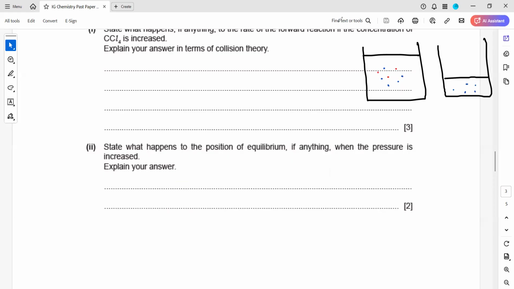The product, because the product molecules are more. So as the chance of collision of the product has increased, as a result, the reactant will form more. Because more particles of the product are there and you compress both reactant and product, but because the product proportion was higher, the product molecules will collide often and they will form back the reactant. That's why increasing the pressure always shifts the equilibrium towards the side of fewer moles.